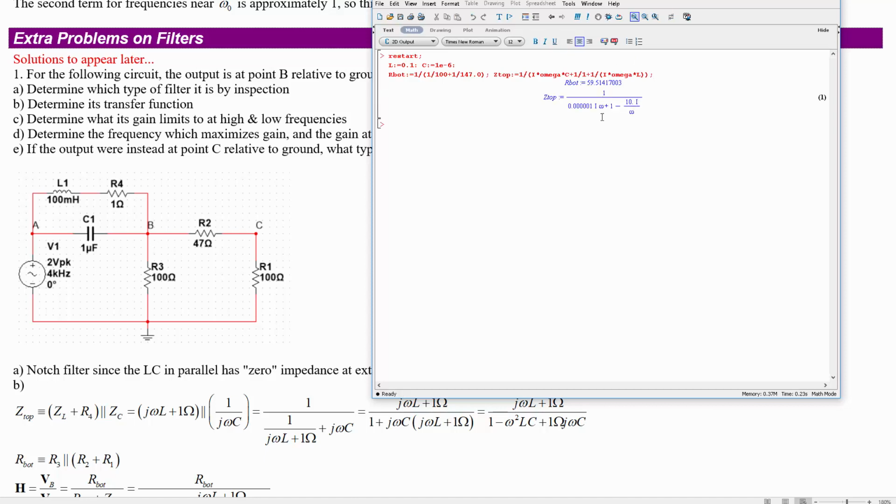So Z top should be equal to this, and maybe we can simplify that to see if it gets closer to the form that we were expecting for that impedance.